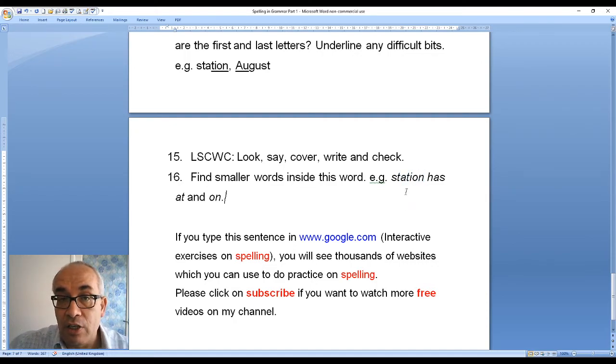So basically you have to study the word and look at the letters, maybe sometimes there are words inside the word you are learning to spell. So I am learning to spell station. I can see with my eyes AT and I see ON.